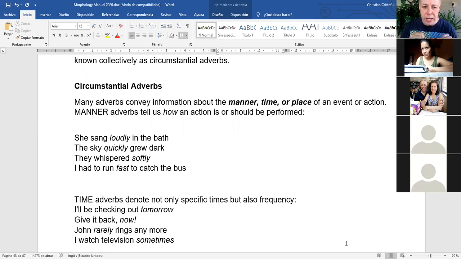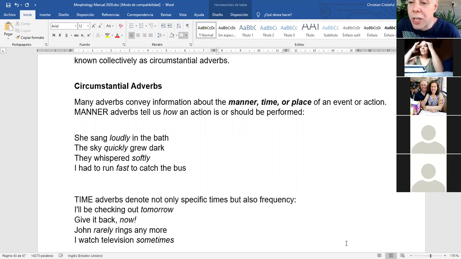She sang loudly in the bath. She sang loudly. How did she sing? Loudly. If you are asking how something was done, it is called an adverb of manner because adverbs of manner describe the way things are done.